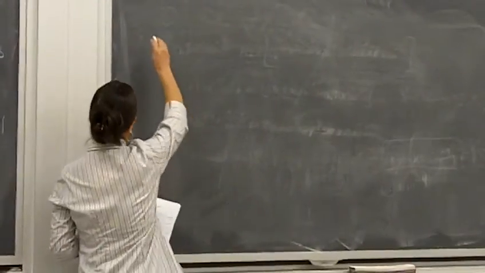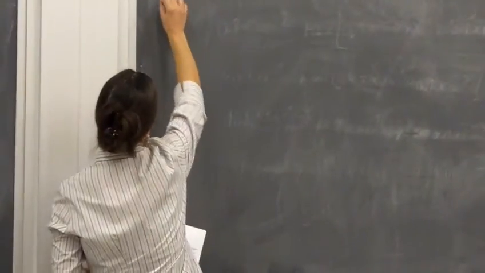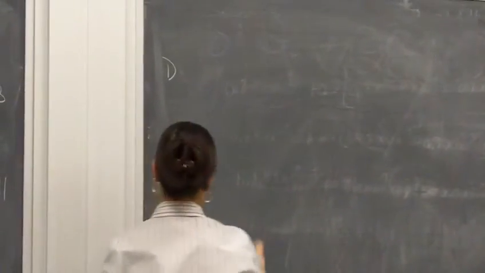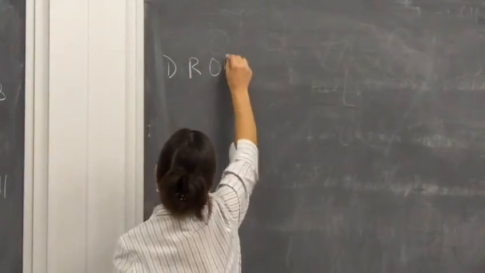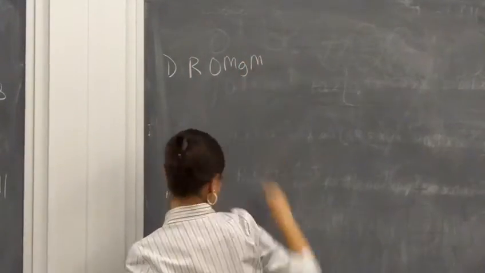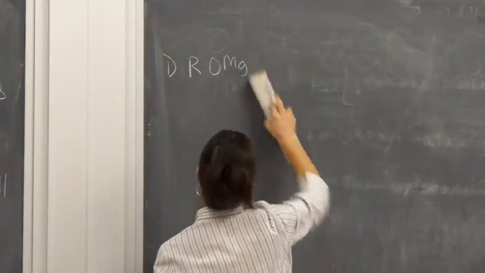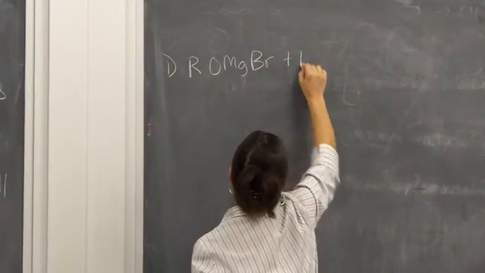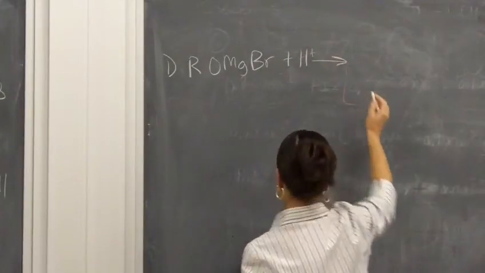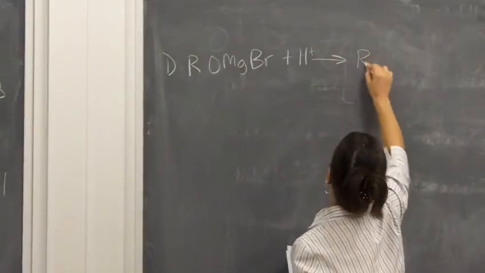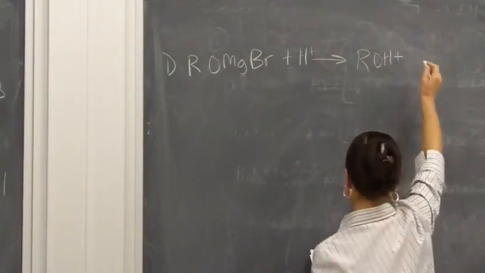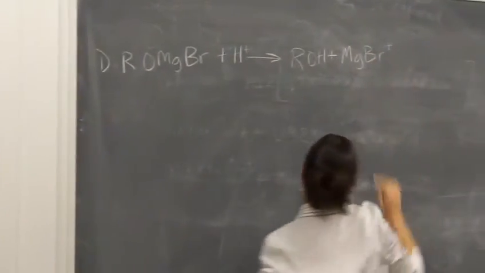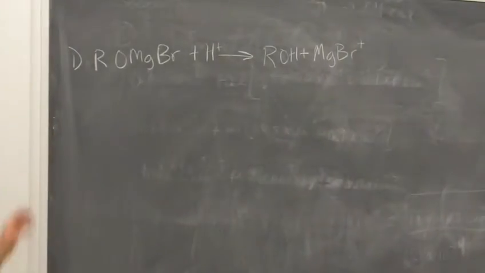So there's multiple reactions that are taking place during the workup. One of them is what we're trying to do is get our alcohol to form. Okay? So we're getting our alkoxy magnesium bromide to react with the acid, and we want our alcohol plus then some magnesium bromide that's floating around in there.